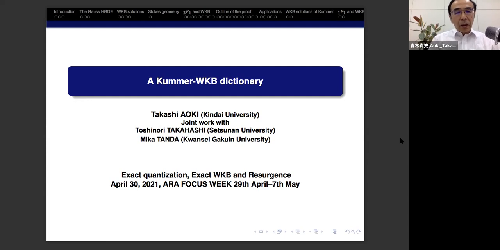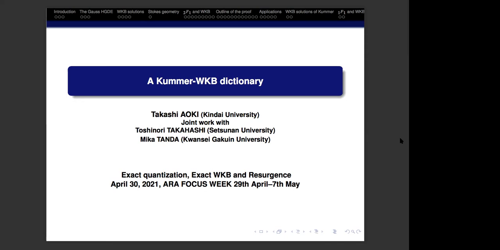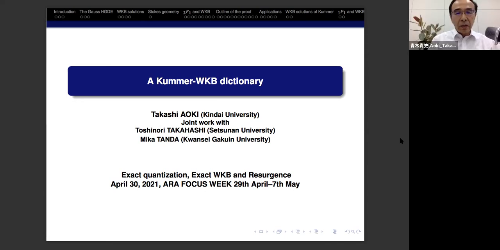Yesterday, Takei gave a very nice introduction to the exact WKB analysis in his first half part. In the latter half part, he applied the exact WKB analysis to Painlevé equations.